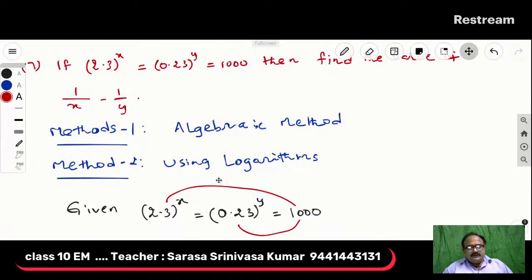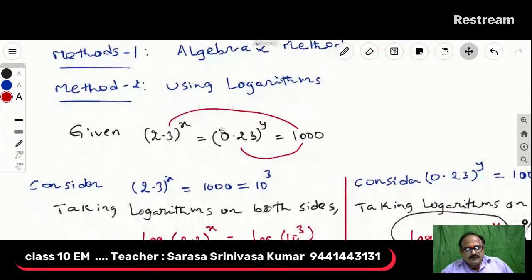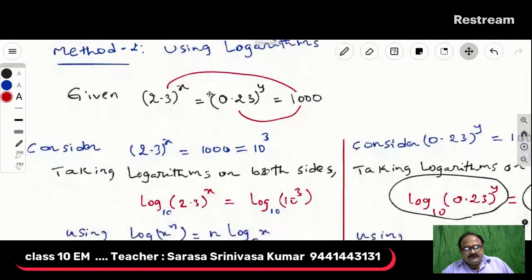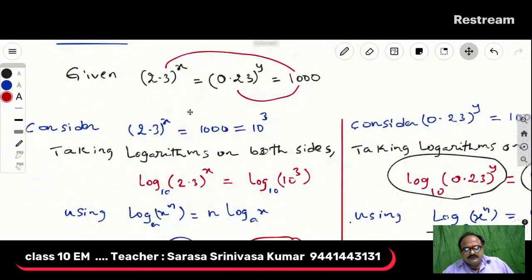So let us see method 2. Method 2 is using logarithms. We first consider, I will try to explain both the steps.